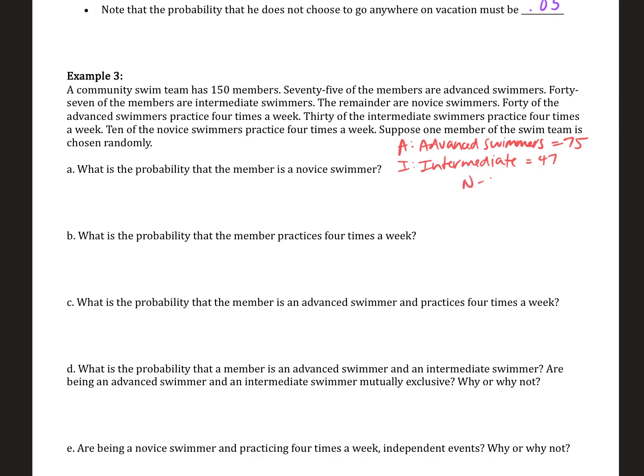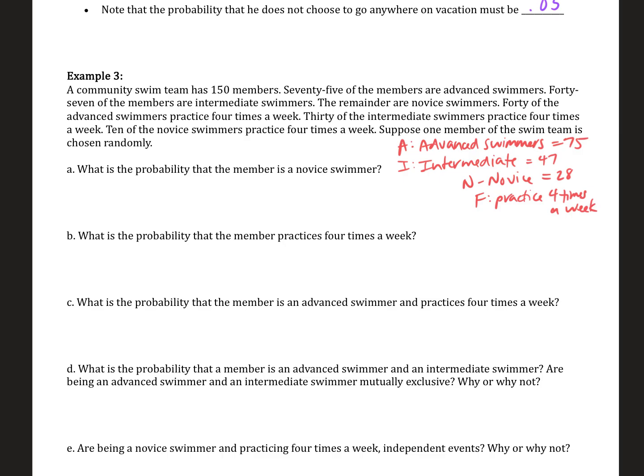N are my novice swimmers, and we find that number by doing 150 minus 75 minus 47 because it's the remainder. So that's going to be 28. And then F is practice 4 times a week. I label those so that when I use my probability notation P, A, B, C, whatever it is, now I know what it is that I'm asking, okay?